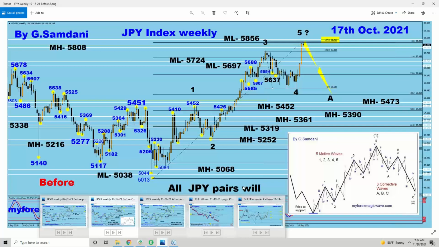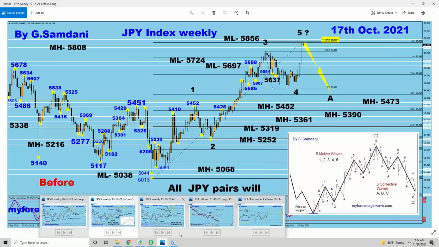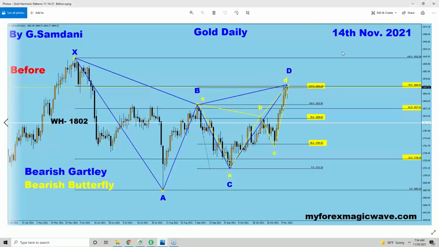For example, let me show you the gold chart that I had made on the 14th of November. You can see the blue count XABCD, wave 1 and an ABC correction for wave 2, an Elliott wave. And then you can see here, this was a bearish setup, supposedly going down from there because it is at 78%, the final target.